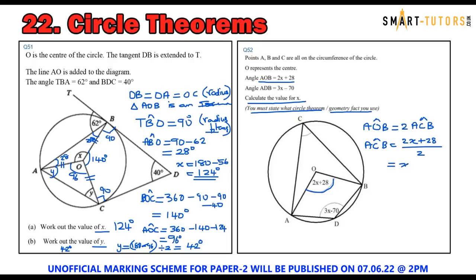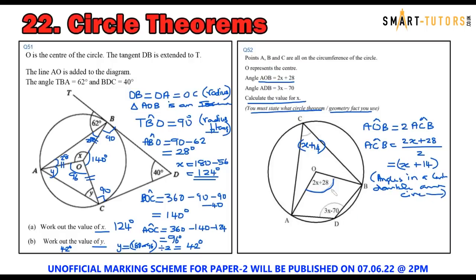So that is going to be x plus 14, the answer for ACB. I divide the 2x plus 28 by 2. Now what is the reason? Angle at the center is double the angle subtended at the circumference. So you need to write it nicely, that one.